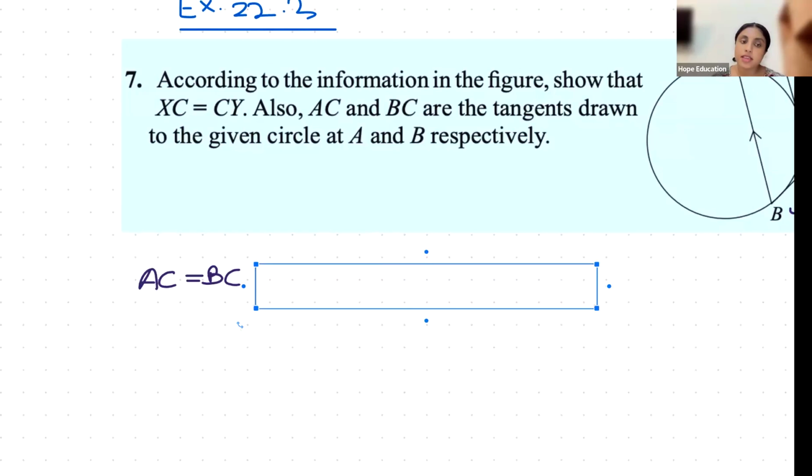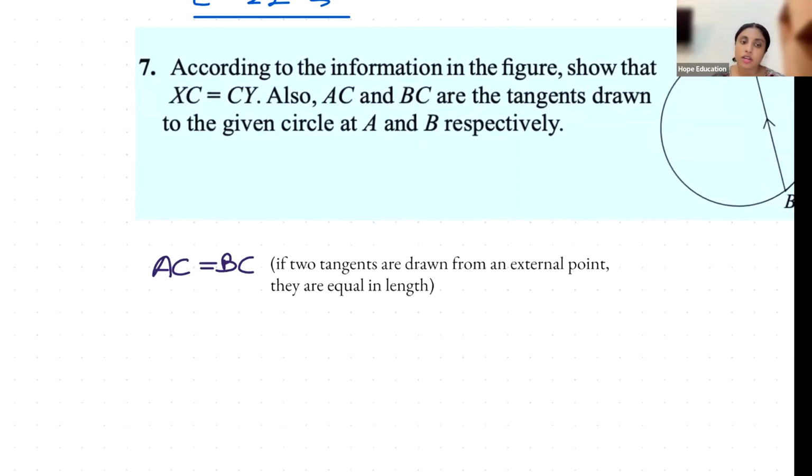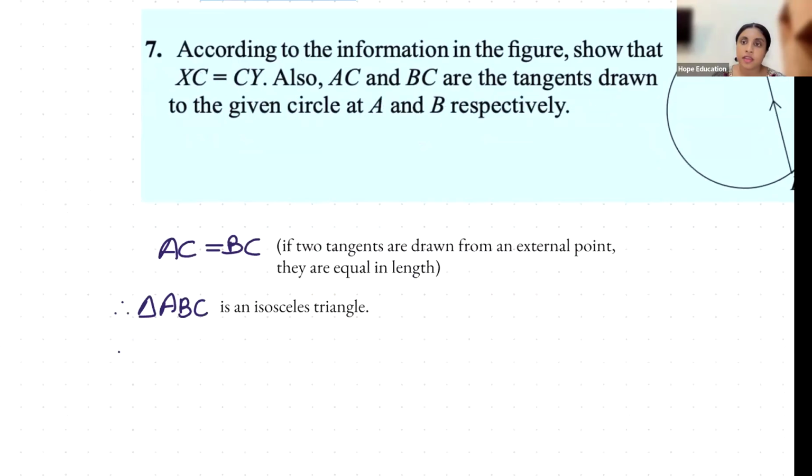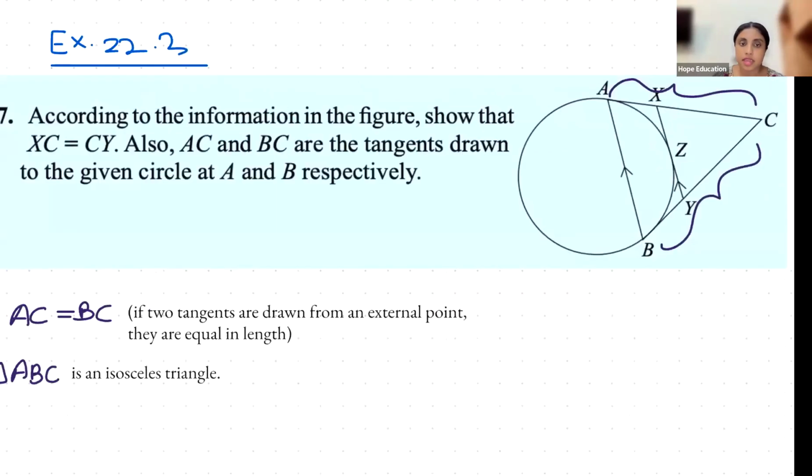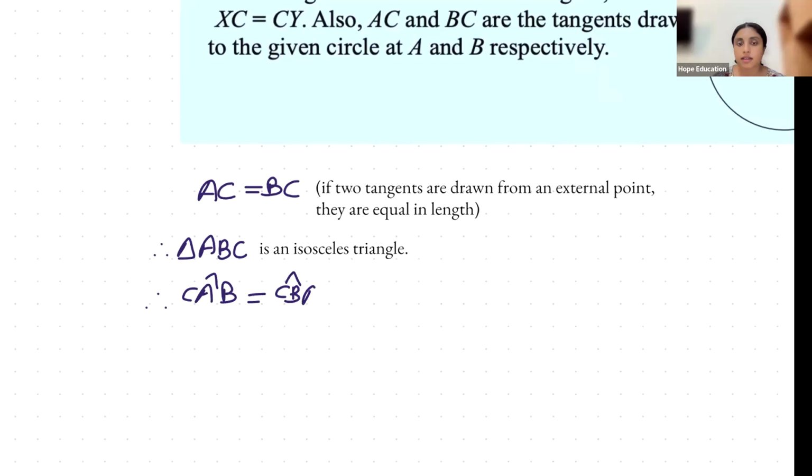Since AC is equal to BC, we can say, therefore, triangle ABC is an isosceles triangle. Therefore, angles CAB and CBA are equal. We can put x for this, which I think would be easier.